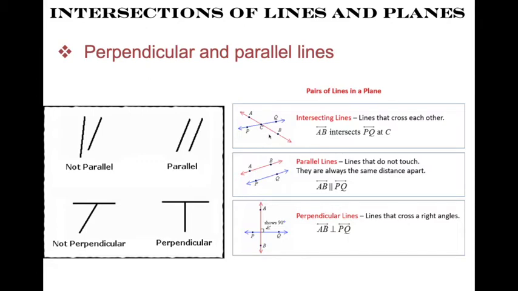Intersecting meaning the two lines cross at some point, in this case at point C. When you talk about parallel lines, this line and that one are parallel to each other. What that means is if you were to extend them, they will never touch, they will never intersect at any point, as opposed to if you drew them like that.